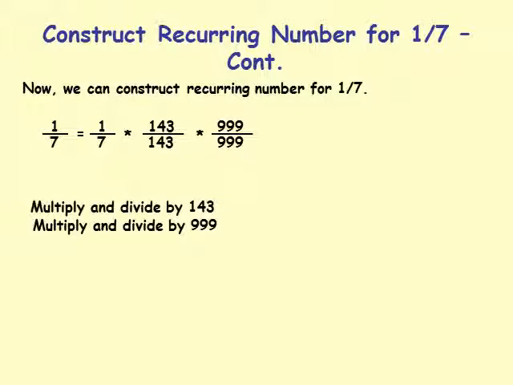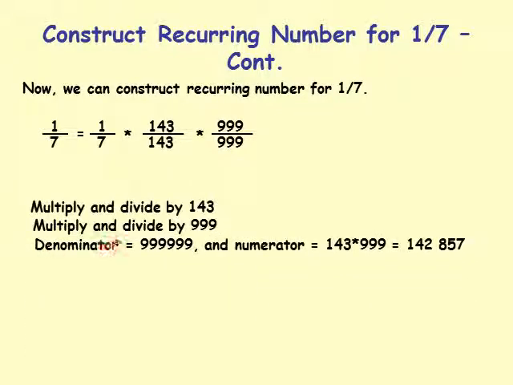Then the denominator is 7 times 143 times 999, which is all 6 nines, 999,999. That's what we know from the work in the previous slide. And the numerator is 1 times 143 times 999, and 143 times 999 is 142,857. We are multiplying by a sequence of 9s, and we have done that before. So that is equal to 142,857 divided by 999,999.